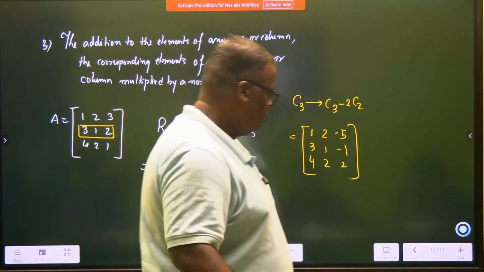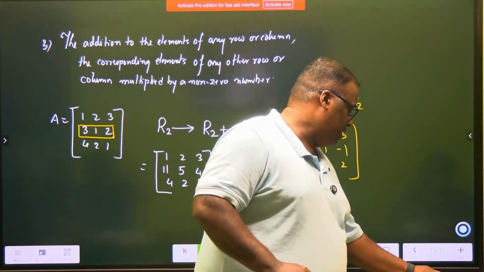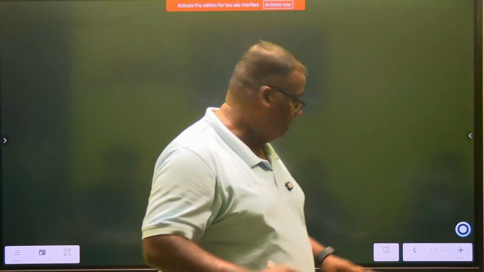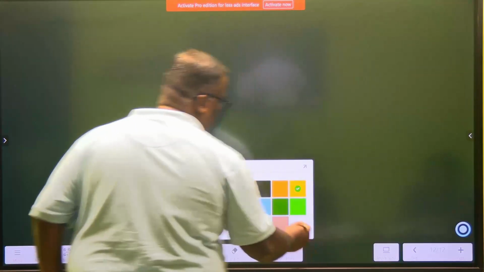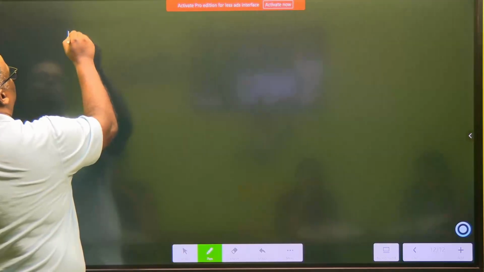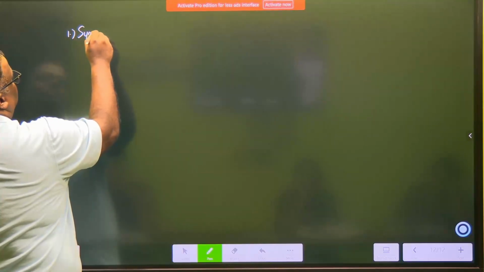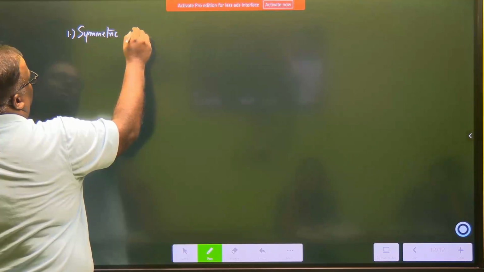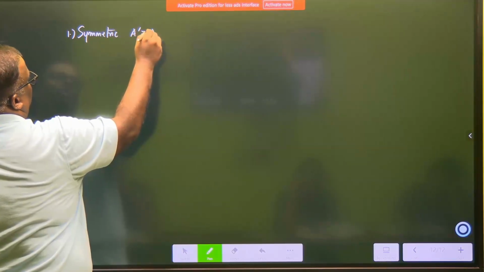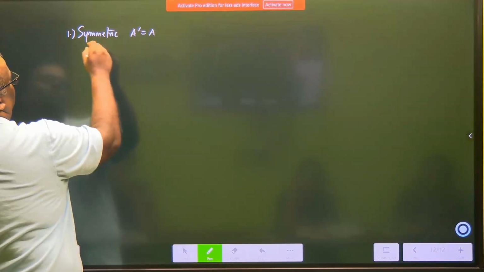Easy. So, before we conclude, what all did you learn today? The first thing you learned was what a symmetric matrix is. What is the criterion for a symmetric matrix? If A transpose equals A, then A is a symmetric matrix.